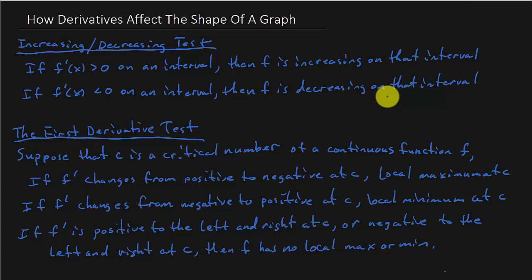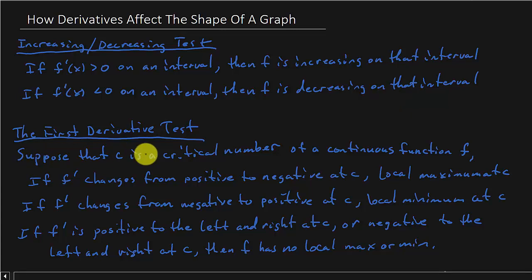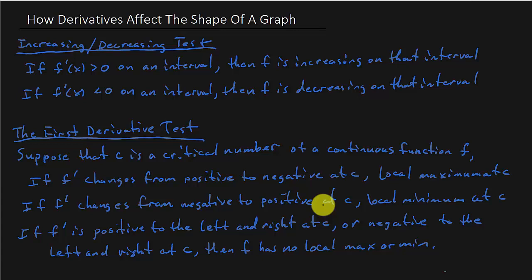Okay? So now we know how to find increasing and decreasing. And if what I'm reading over right now doesn't make a lot of sense to you, don't worry about it too much. It'll clear up once we start working the problems.